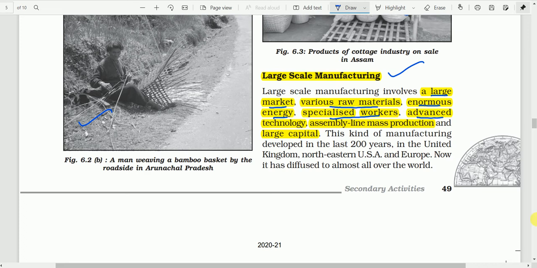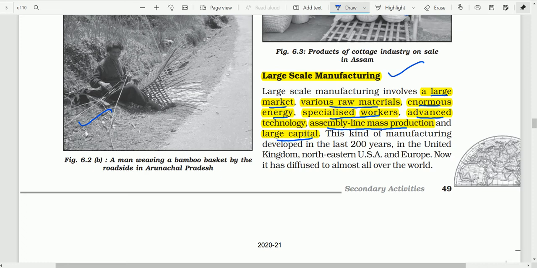Advanced technology, automation, mechanization, assembly line mass production, and large capital are involved. And here the number of workers is also very big, sometimes reaching up to 10,000 or 20,000 workers.